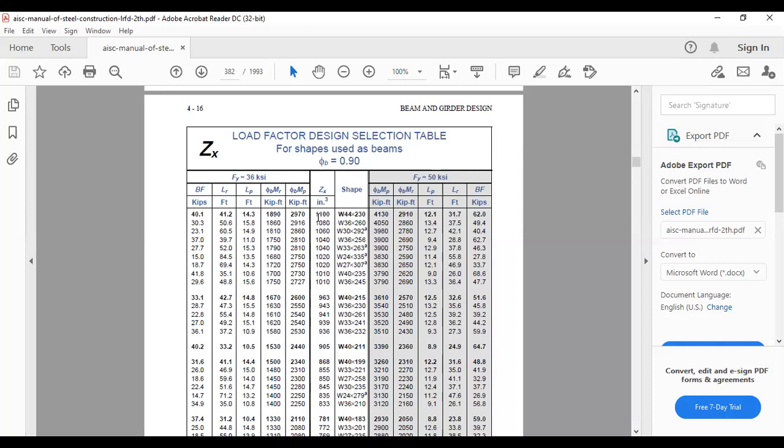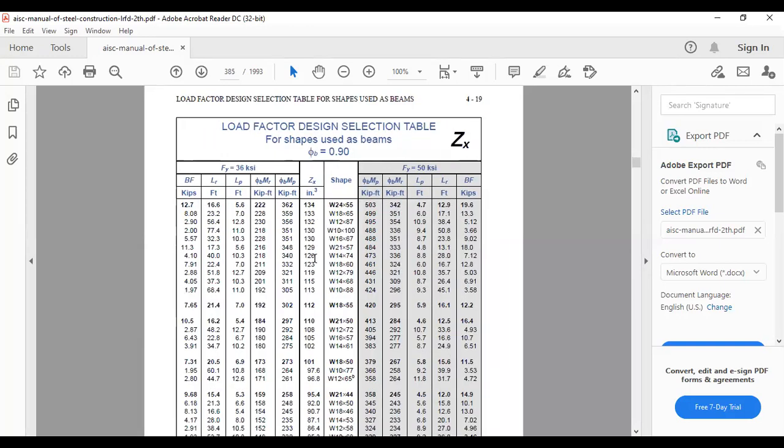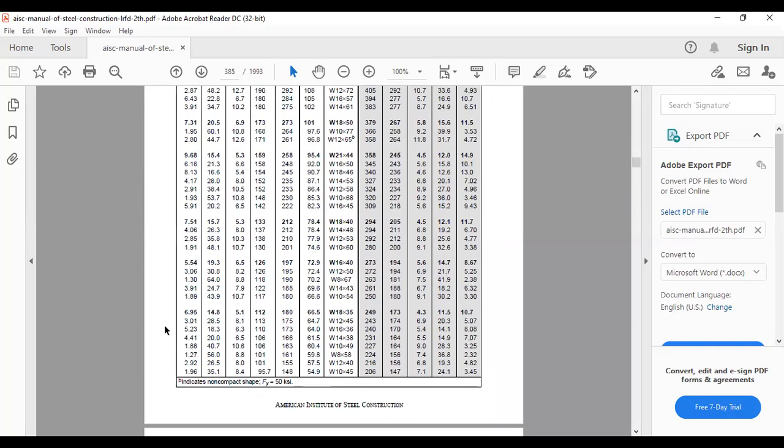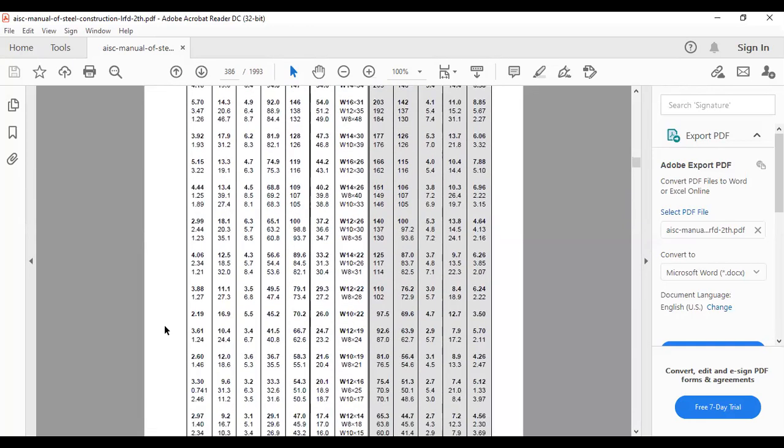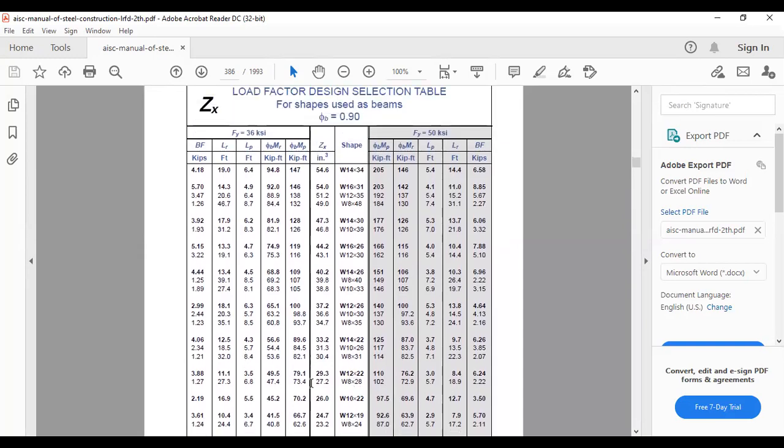So we are going to find the value of Zx which is just above 28.1, as the values in the tables decrease with the increase in the number of pages. The value of the section modulus just above 28.1 that we obtain is 29.3, because the smaller value is 27.2, and above that is 29.3.